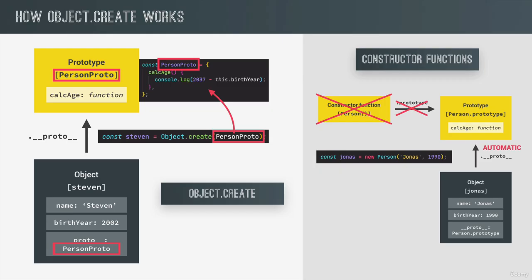However, the reason why I'm showing you this Object.create technique right at the end is because in practice, in the real world, this is actually the least used way of implementing prototypal inheritance. However, it's still very important to know exactly how Object.create works, because you will still stumble upon this in the real world.